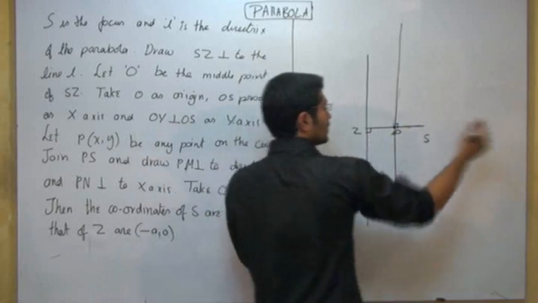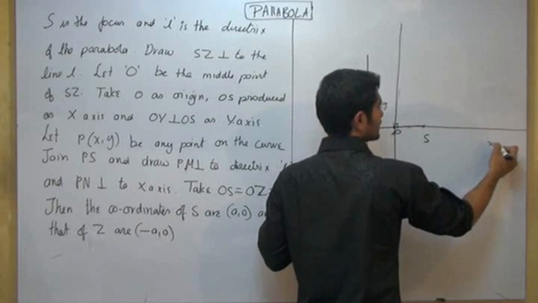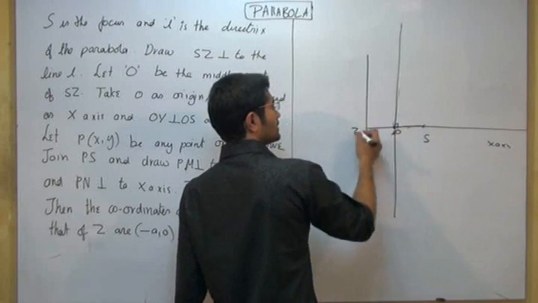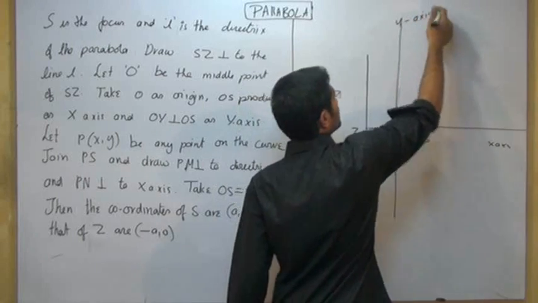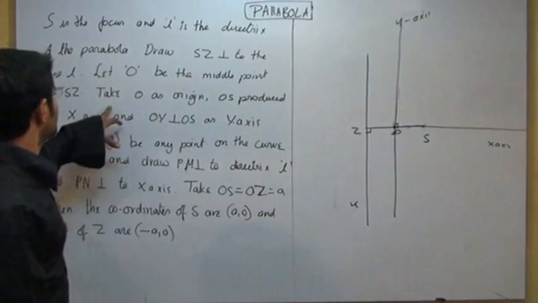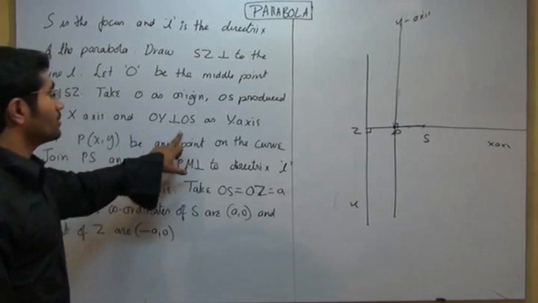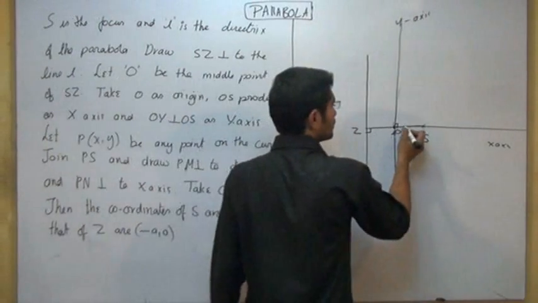Now produce OS as the x-axis, and the line which was perpendicular to SZ, that is OY, take it as the y-axis. Look at this. It says take O as the origin, OS produced as the x-axis, and OY perpendicular to OS as the y-axis.